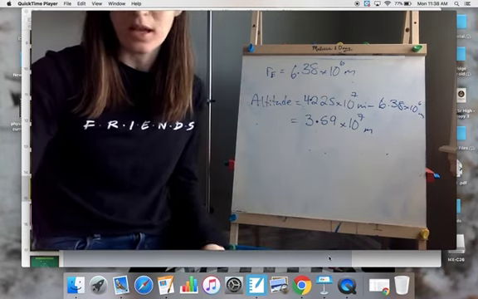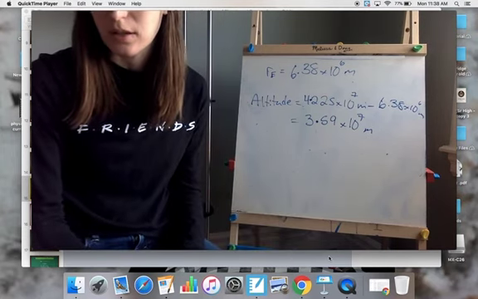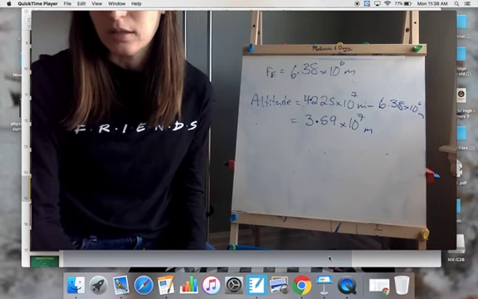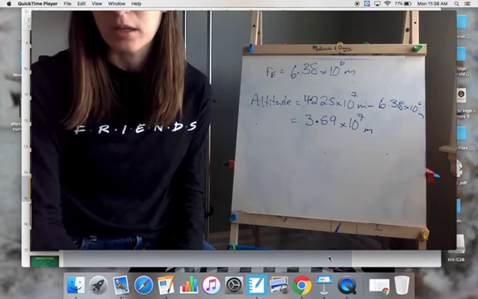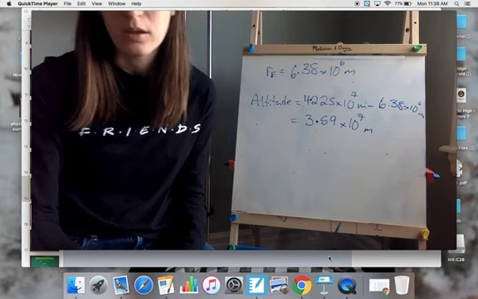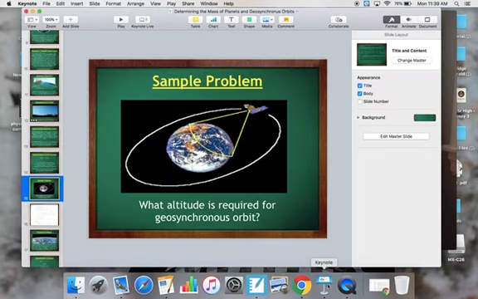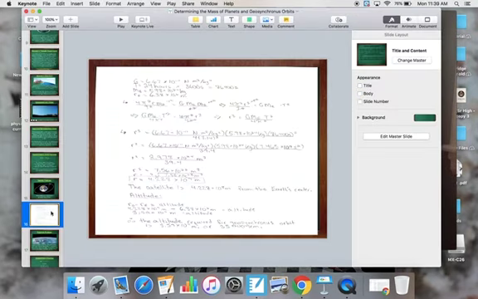So that's going to be the height of our satellite required in order to stay in orbit there. So there you have it. There's a full solution there, and you see slightly different values used in that particular solution.